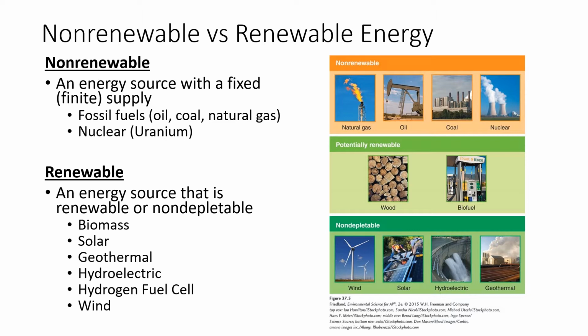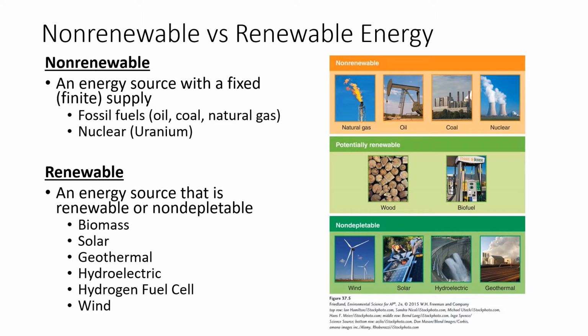It's totally fixed. You can really not get more in your lifetime. Basically, in a human lifetime, if it can't be renewed, it's considered non-renewable. That includes natural gas, oil, coal, and nuclear power because of the uranium that you need to mine in order to have nuclear power.